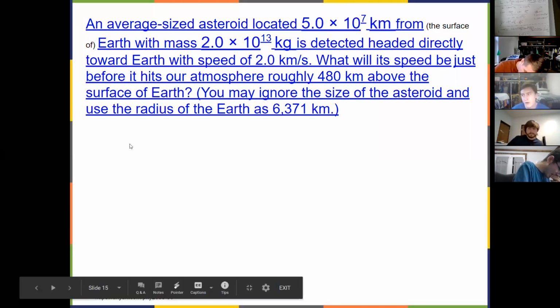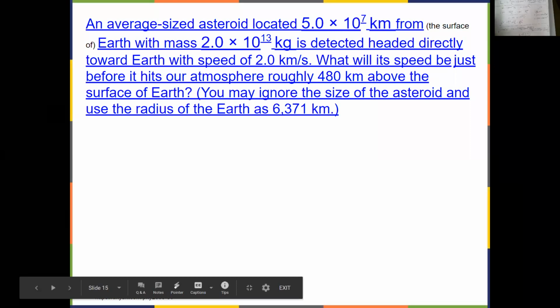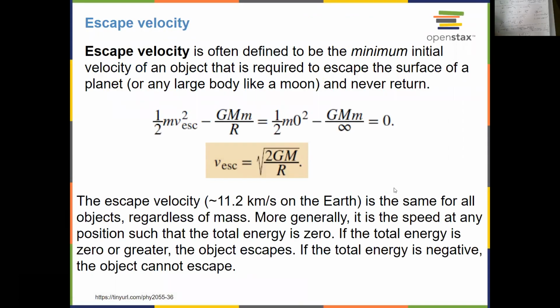If not, then let's check the last topic of the day on escape velocity. The total energy, the kinetic energy plus the potential energy, is 1/2 mv squared minus capital G, capital M, small m divided by r.